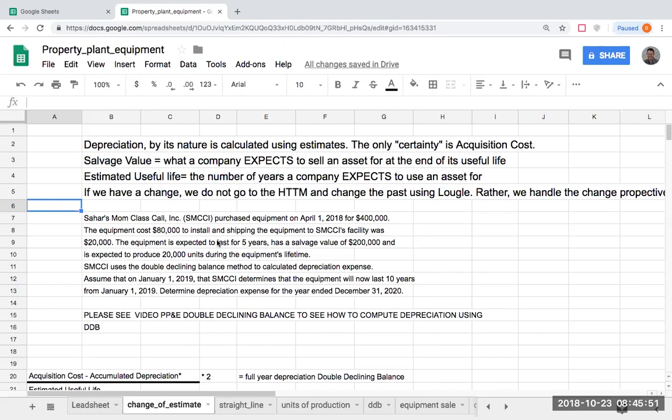However, salvage value, or what a company expects to sell an asset for at the end of its useful life, and estimated useful life, which is how many years a company expects to use an asset for, are both estimates.